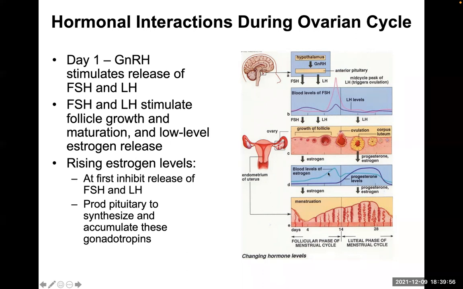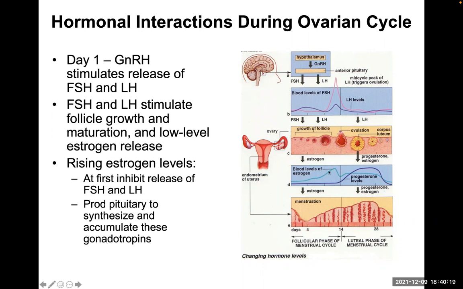And then if estrogen levels are allowed to get to this point, you see a switch in the phenomenon. So here we see, let's say, negative feedback. You don't have to know the actual concentration of estrogen required to cause this. Just suffice it to say that a higher level of estrogen will negatively feed back and suppress FSH and LH.